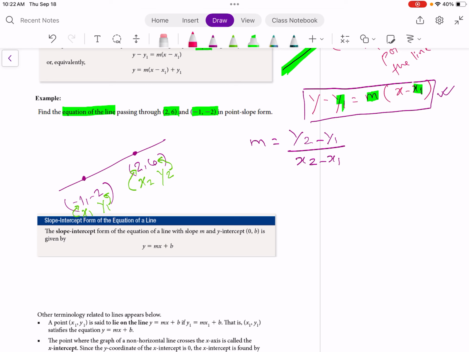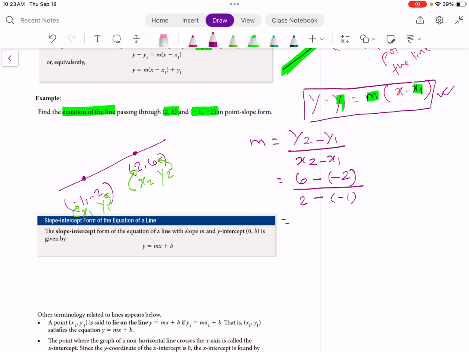Now let's substitute these numbers into our slope formula. So y2 is 6 minus y1, which is -2, and make sure to have parentheses, divided by x2, which is 2, minus x1, which is -1.